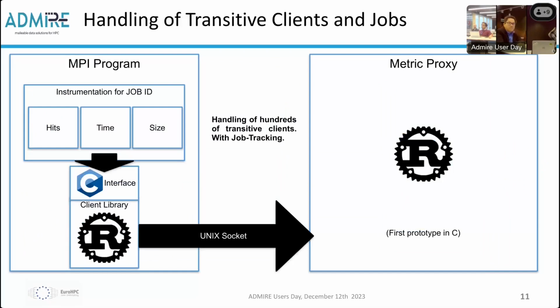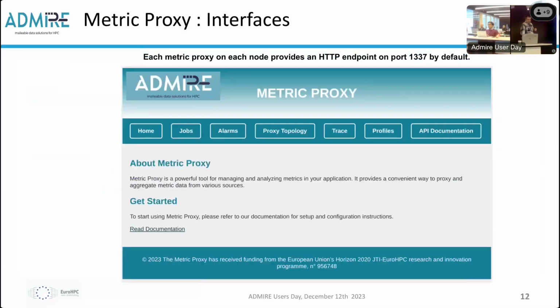Thus, we have a Unix socket sending data from the client library, which is also in Rust, featuring a C interface. And here, these are the data producers. This could be, for example, an MPI process where you have the instrumentation layer preloaded and generating the events over time, and then the counters are sent progressively.